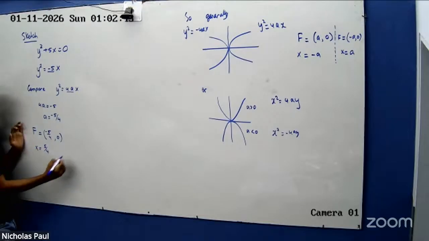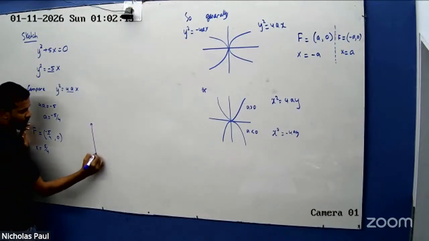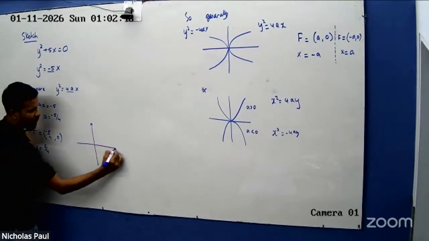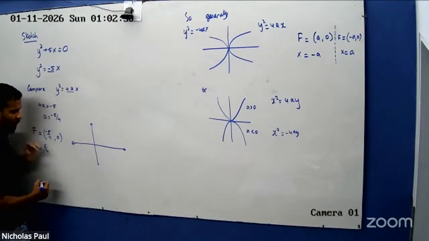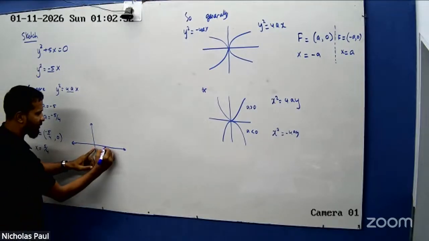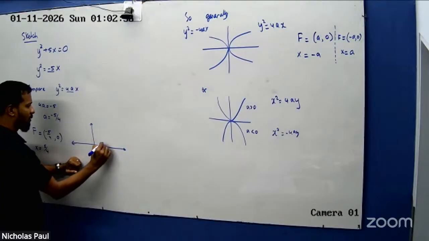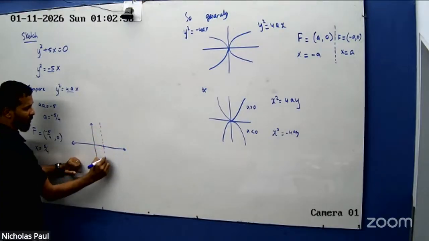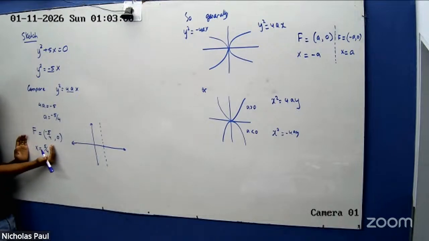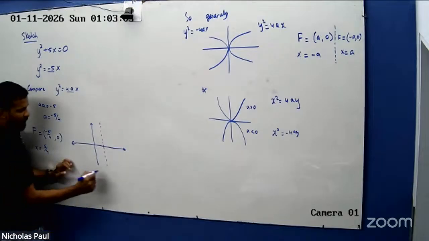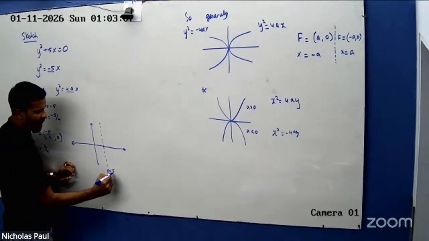How are we sketching that? 5 on 4, if that's 1, let me say about here. You remember that this is a vertical line, so that will be x is equal to 5 on 4.